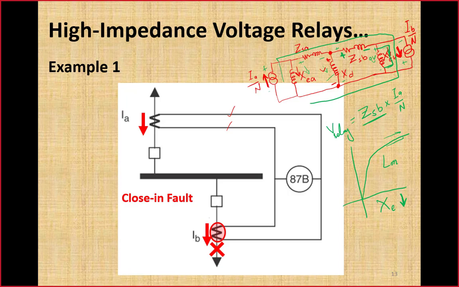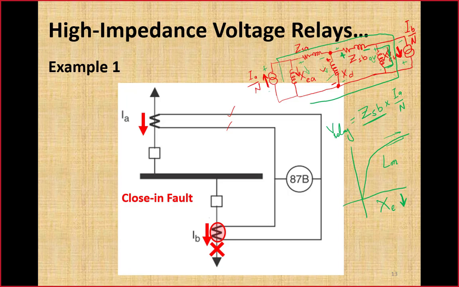So this voltage will be much smaller as compared to the voltage across the relay during internal fault. So we can set this relay to its pickup setting above this voltage that would appear in case of a close in external fault when one CT gets completely saturated. And if fault occurs outside the zone of protection, then the over voltage relay, although it is observing voltage, would not operate.